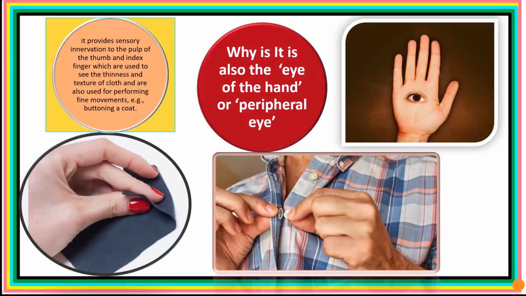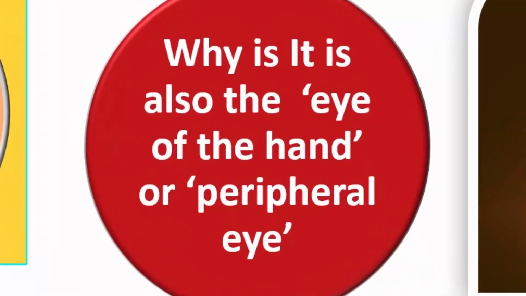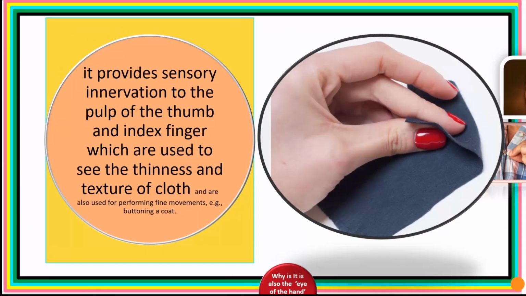We also asked, why is this nerve also termed the eye of the hand or peripheral eye? So let's go to the answer. A number of times you want to know how thin or feel the texture of fabrics. I'm sure you remember the fingers you used to do that. Your thumb, the index, and the middle fingers.